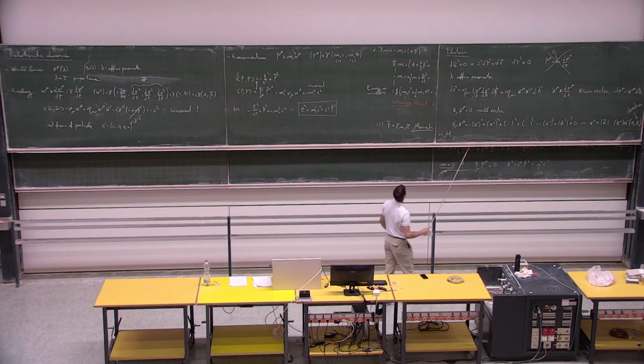Then we gave a look at photons, because here we were focusing on massive particles. Here we are looking at photons that are moving along the light cone, with the difficulty that the proper time is not well defined for photons. Okay? The tau is equal to 0 there. We can't use it. Therefore, what we did was to use just a generic affine parameterization to characterize its location along its trajectory.